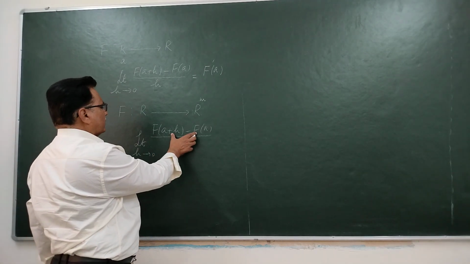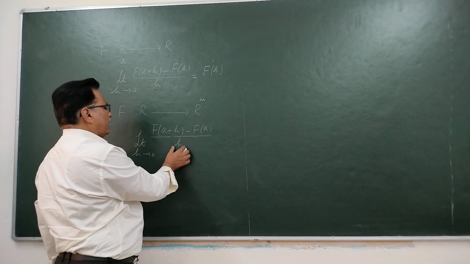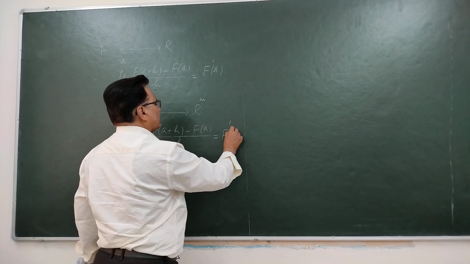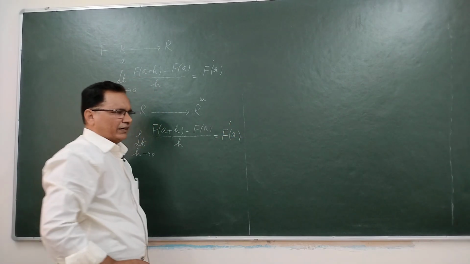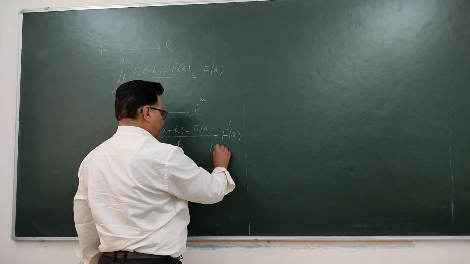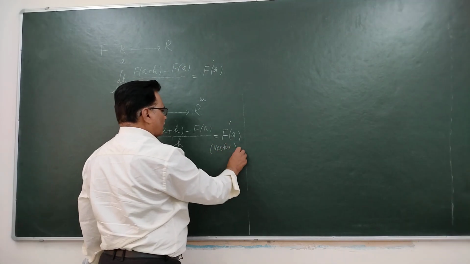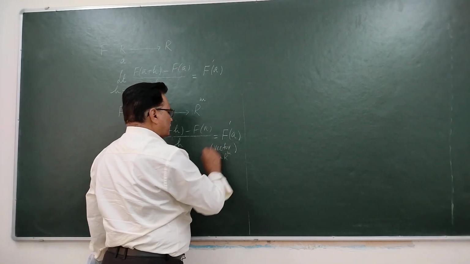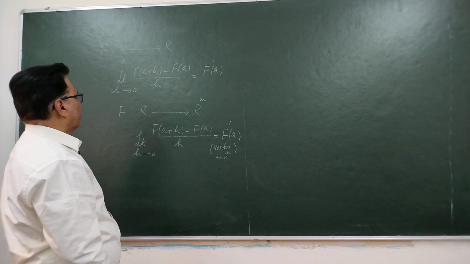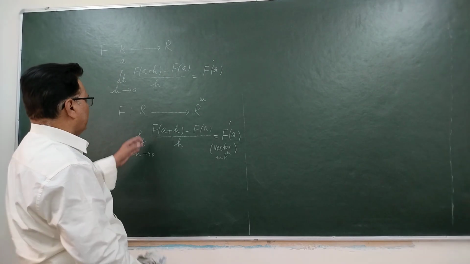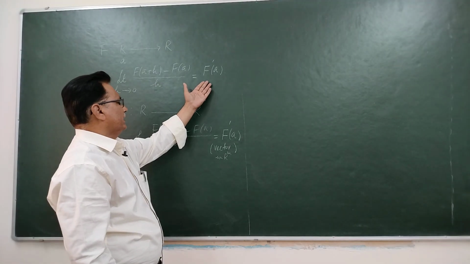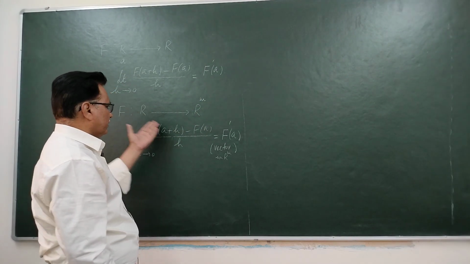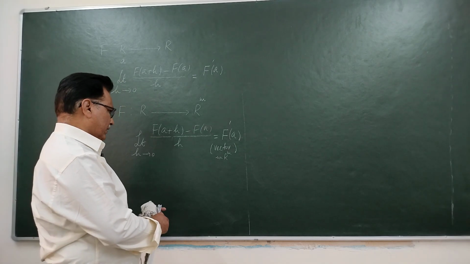So the difference of two vectors is a vector, and dividing by h it remains a vector. So if this limit exists, this resulting quantity will be a vector in Rm. So the major thing is that for a real valued function of a real variable, the derivative of the function at a is a scalar, whereas for a vector valued function of a real variable, the derivative is a vector in Rm.